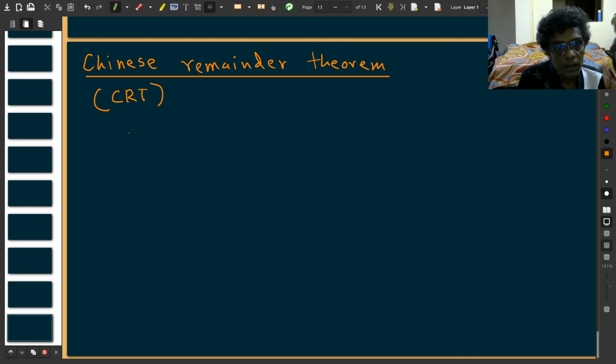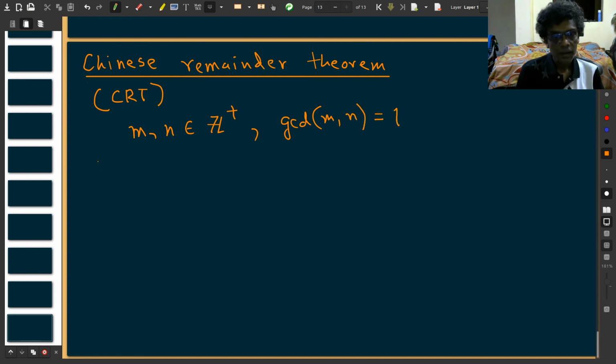Suppose that you are given two positive numbers m and n, and this is an important condition: they must be co-prime or relatively prime, so that gcd is 1. So I take a remainder r modulo m.